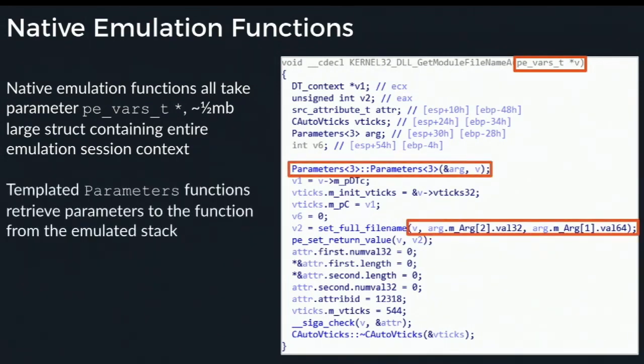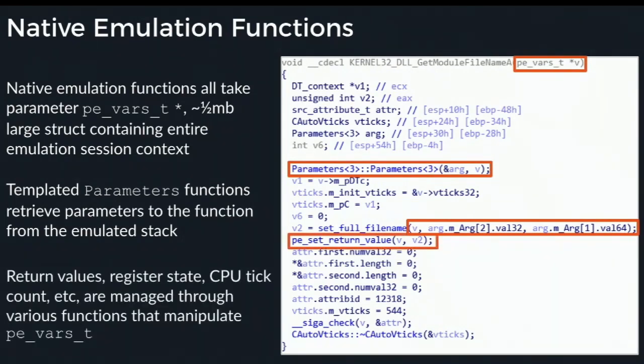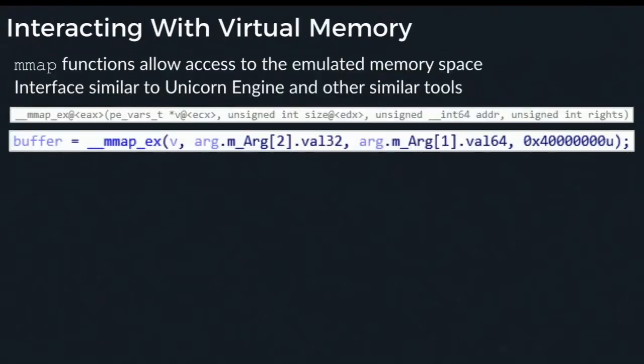And then programmatic APIs are used to, say, retrieve parameters. So they're going to go in and manipulate the virtual stack. They're used to manipulate virtual memory, get and set registers, get and set and change memory, and even change things like the CPU tick count and the time inside the engine.